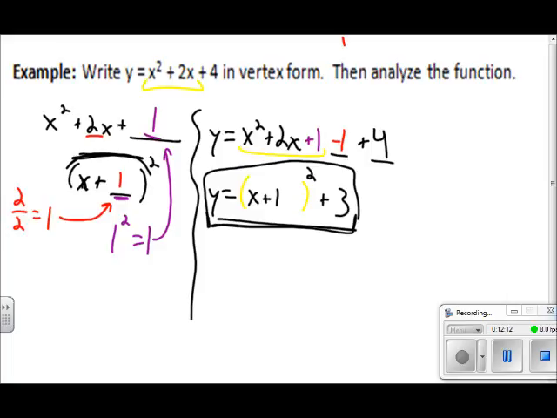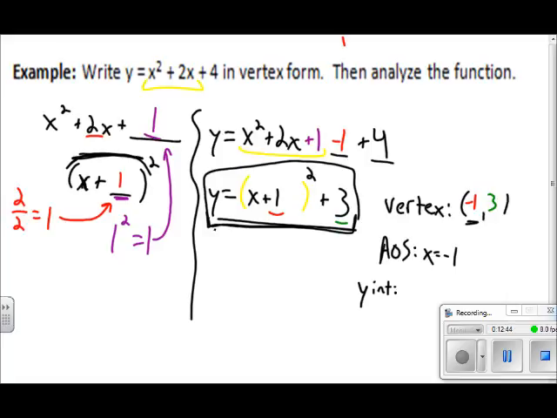Once we have it, things we want to be looking for are the vertex, which we remember is at (h, k). So we would say that it would be at (-1, 3). That's where our vertex is. Our axis of symmetry, again, is where x equals, we just use our x coordinate of the vertex, and our y-intercept.